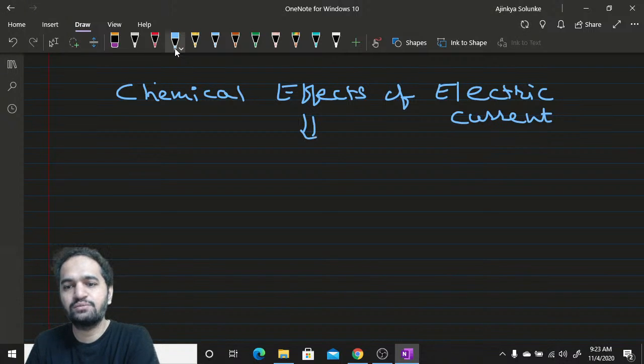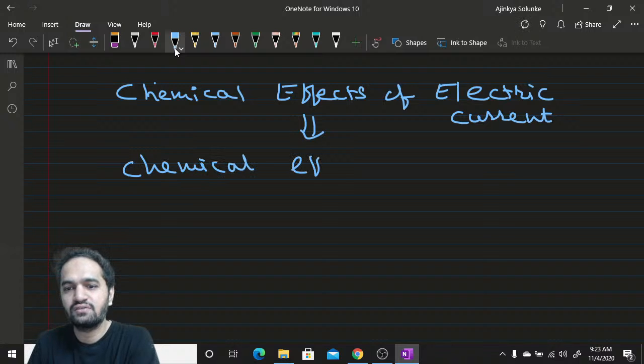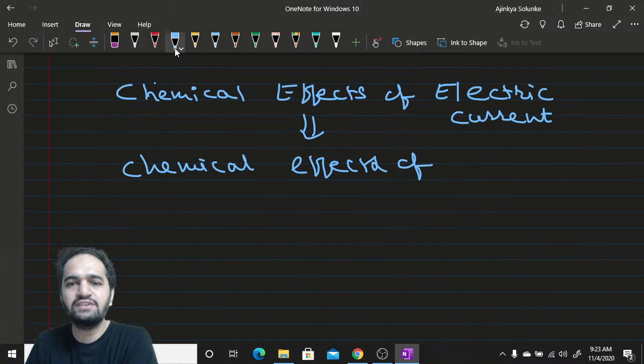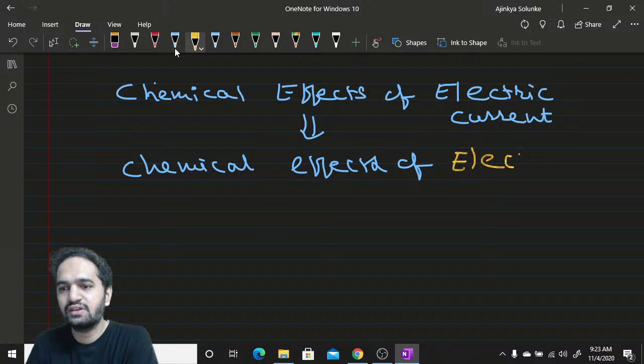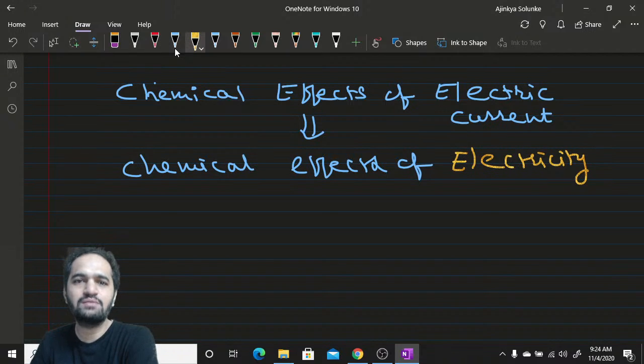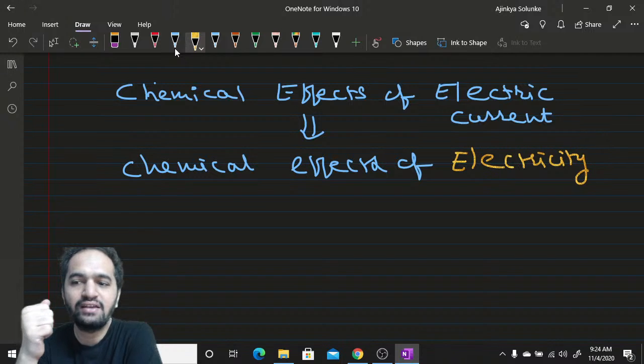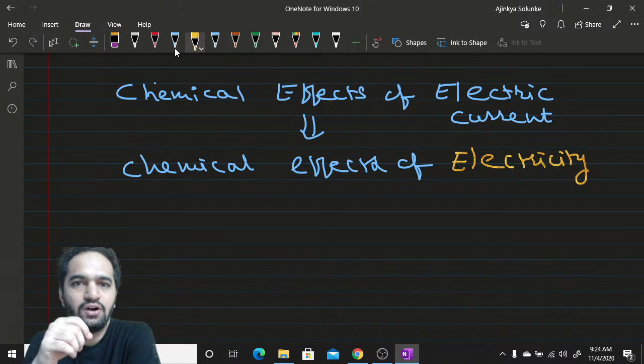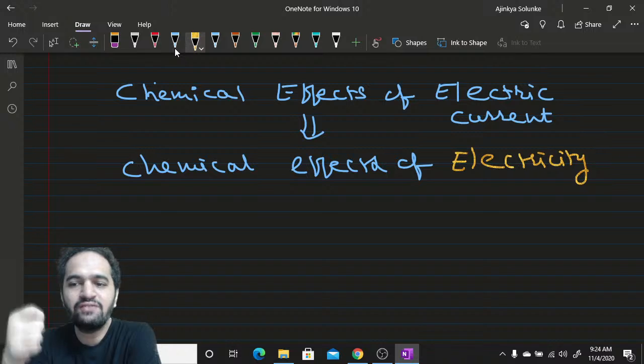Suppose if I write it down as chemical effects of electric current, in place of electric current I can write down electricity, right? Because after all, electricity is the energy and electric current is nothing but the flow of electricity. So if the electricity is flowing, that means it is electric current. So in short, I can write it something like this: chemical effects of electricity.